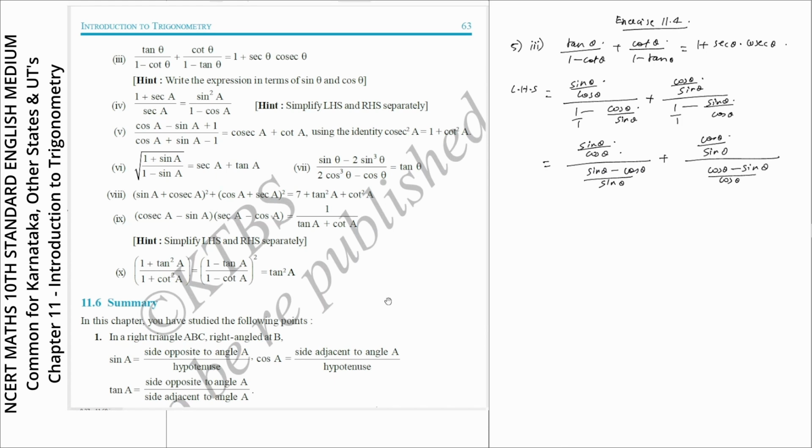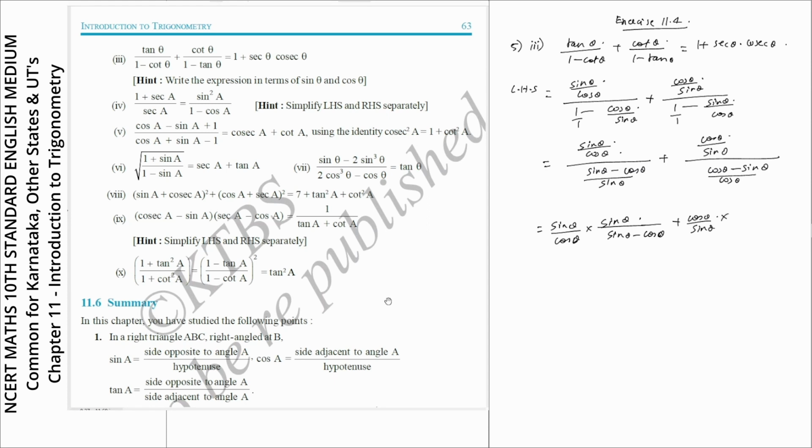So in the first term, sin theta by cos theta, the denominator I can take to numerator. When I take it, sin theta will go up and this sin theta minus cos theta will come down in the denominator. Here also same thing. Cos theta by sin theta, which was there in the numerator, I'll write as it is.